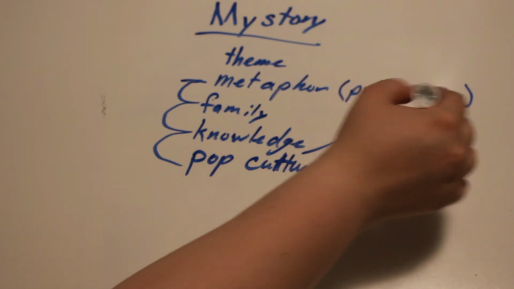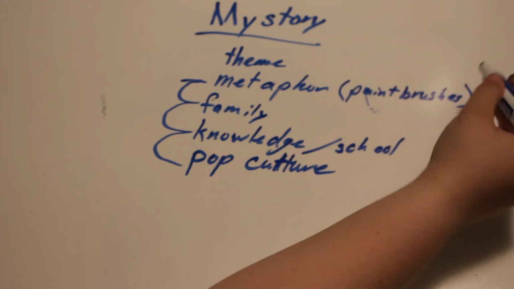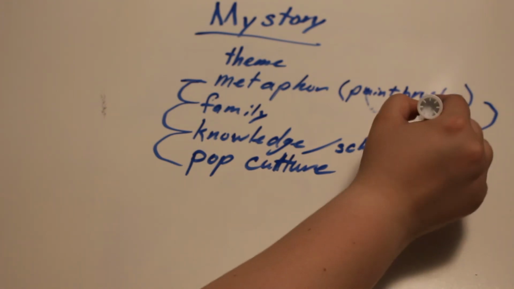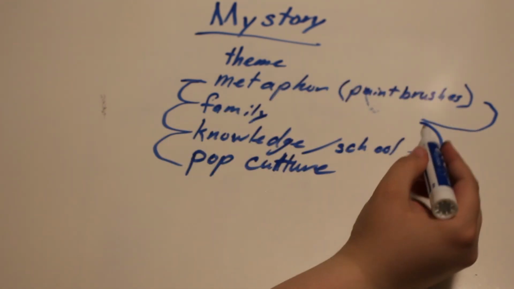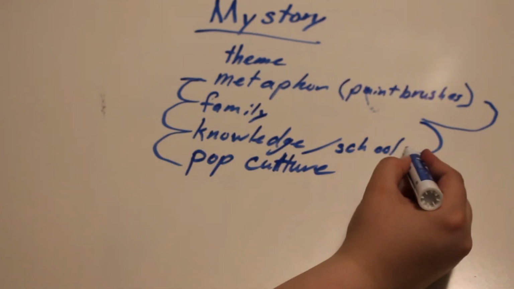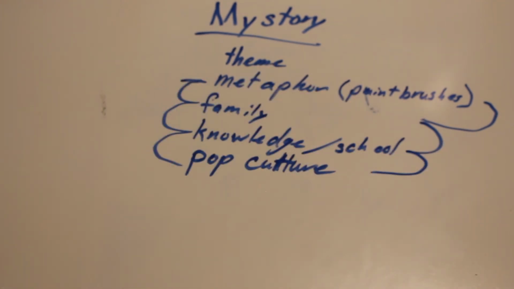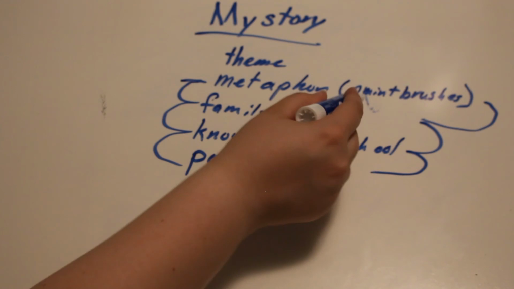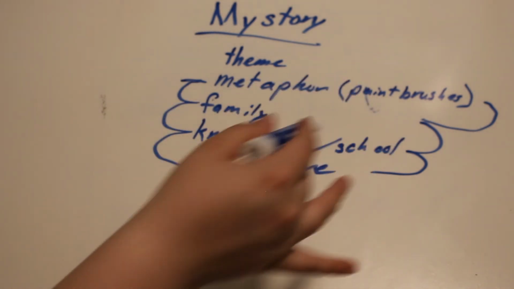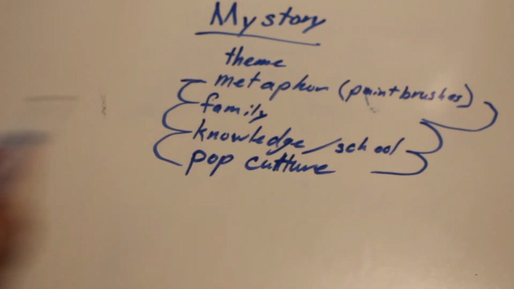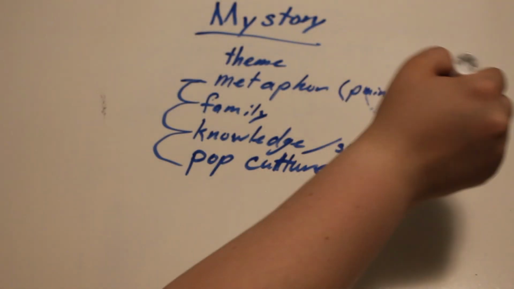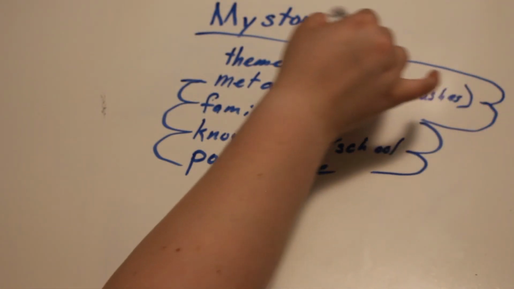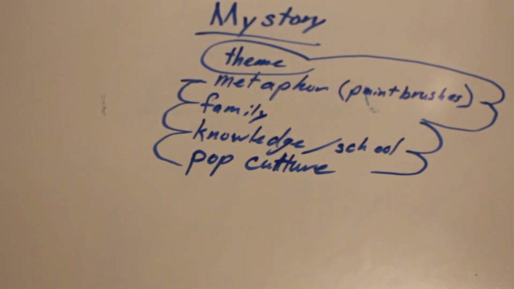So once you have that, you'll connect that paintbrush metaphor to your family, to your knowledge in school, schooling, education, to pop culture. How did these influence that to make that your metaphor, and how does that influence your view of this? Once you have that all figured out, you then go and figure out your theme, which is the connecting thread for everything.